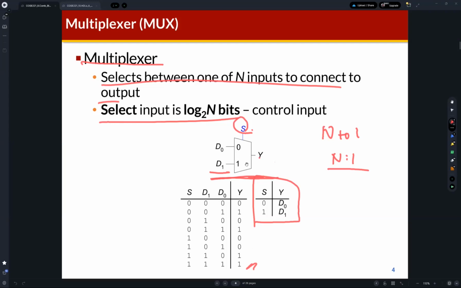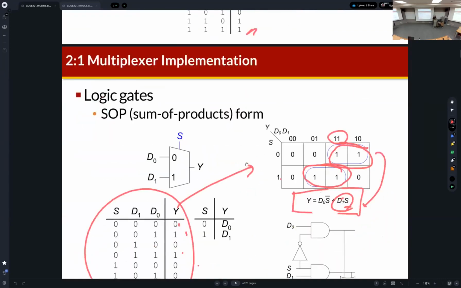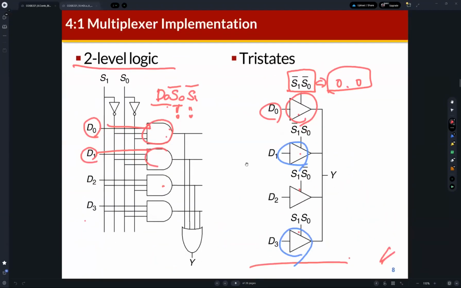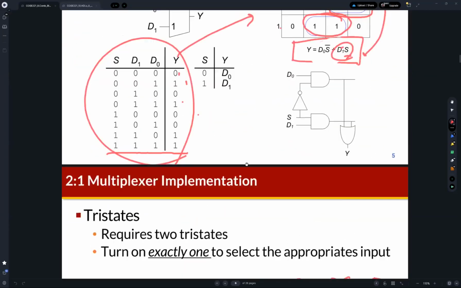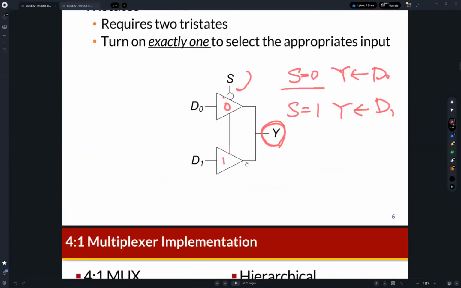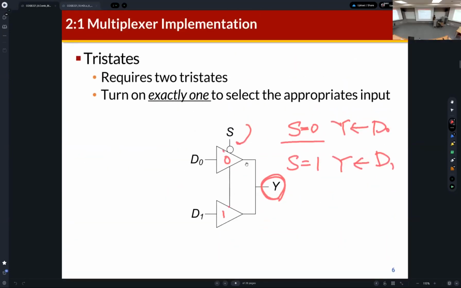Based on the control signal, okay, this is very important. We frequently use control signals in the system because, as I mentioned, based on the control signal, the output can be changed. We can implement multiplexers using basic gates or tri-states, but usually, as I mentioned, we can use multiplexers like a basic gate.